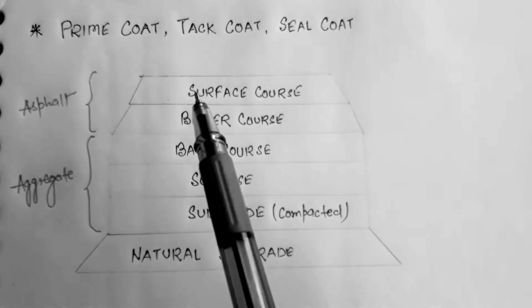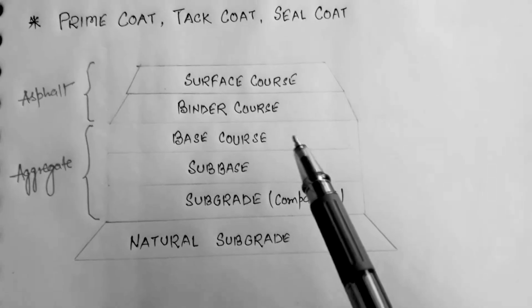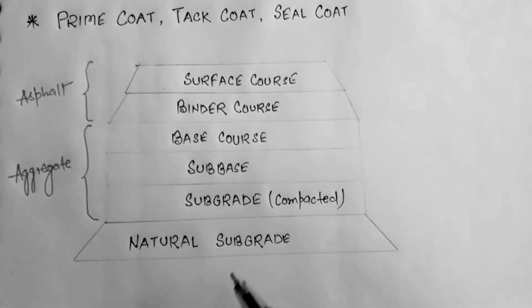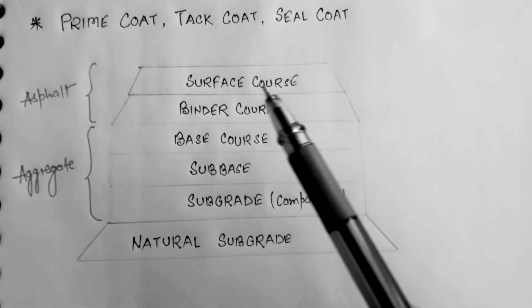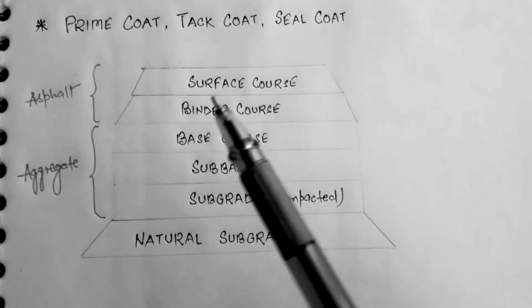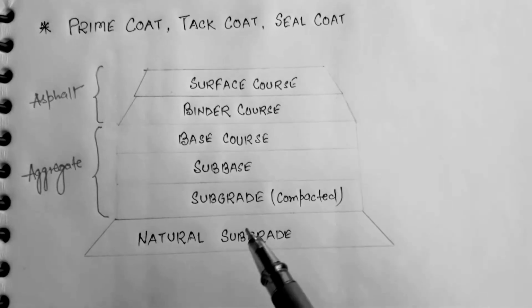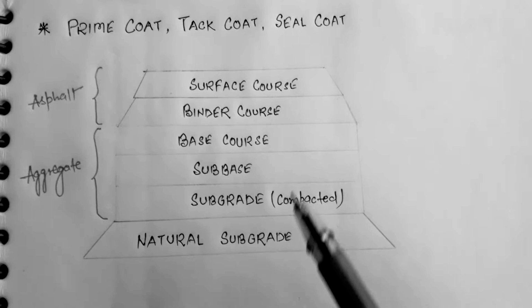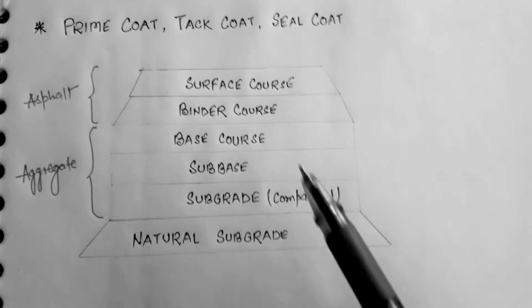Now you already know that various layers are available in the construction of a road. Here, firstly we will discuss these types of coating layers, where we provide them. So firstly you have to know where we provide them.